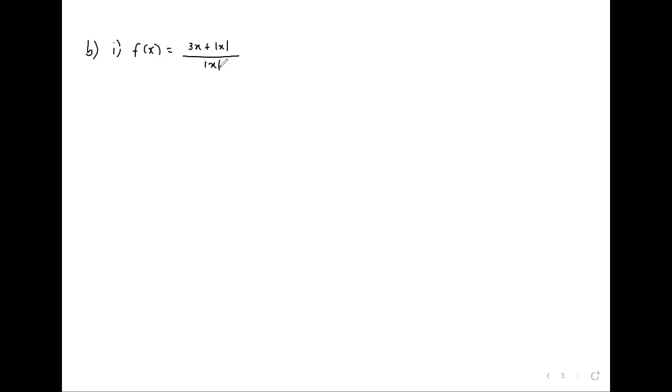If you're given this function to sketch, remember B is about sketching. What you do is, we know that by definition, the modulus of x is the same as x for as long as x is positive. It is negative x if x is less than 0. So we also have the same thing, 3x plus x over x.